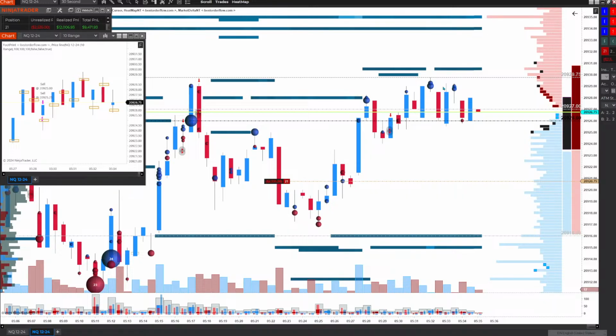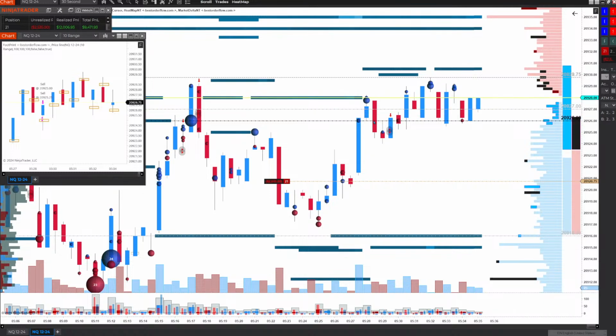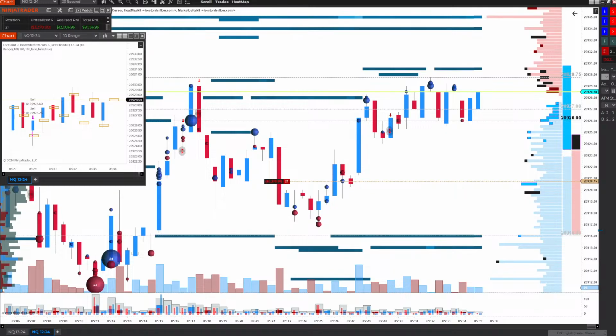So the price is being absorbed right here at the very top. We'll see if this absorption results in the reversal, which I do expect.